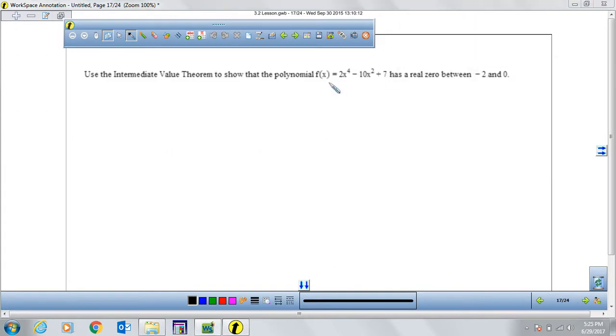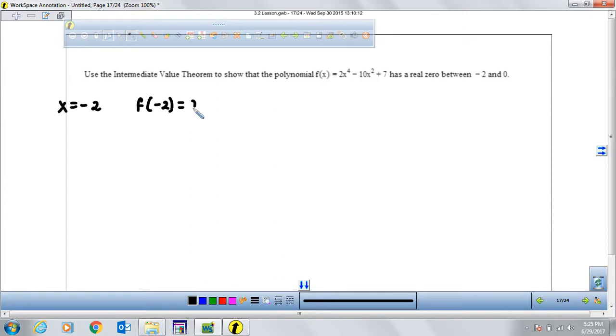So we're going to use the intermediate value theorem to show that the polynomial f of x equals 2x to the 4th power minus 10x squared plus 7 has a real 0 between -2 and 0. So we're going to start by finding the y values at both locations. When x is equal to -2, we're going to find the y value by substituting it into the function.